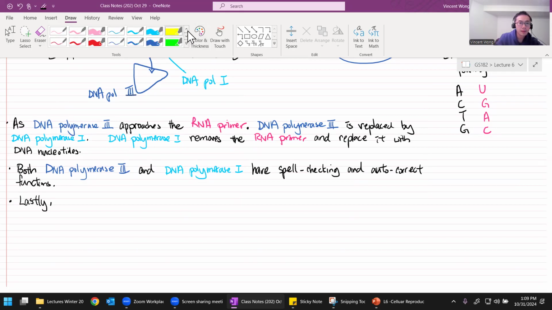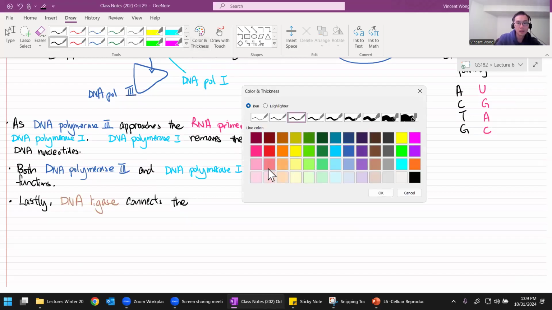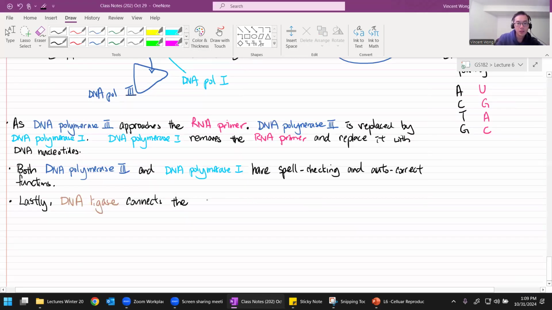Lastly, DNA ligase connects the Okazaki fragments together by creating a covalent bond. Okay, and the process is complete.